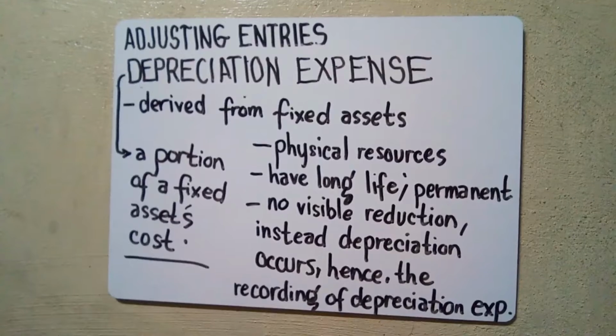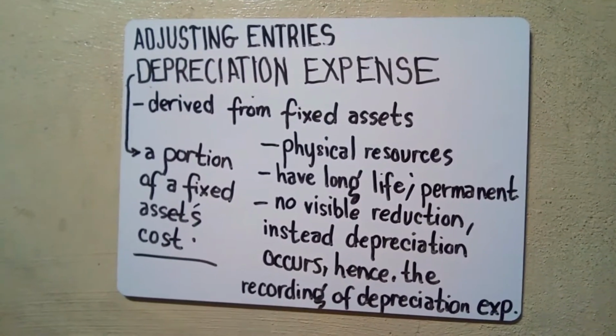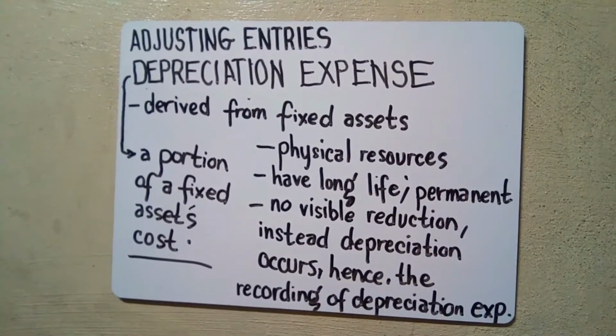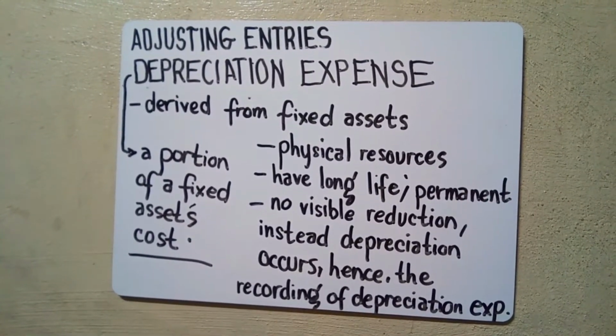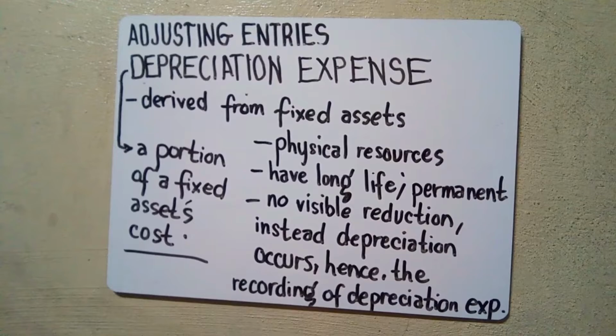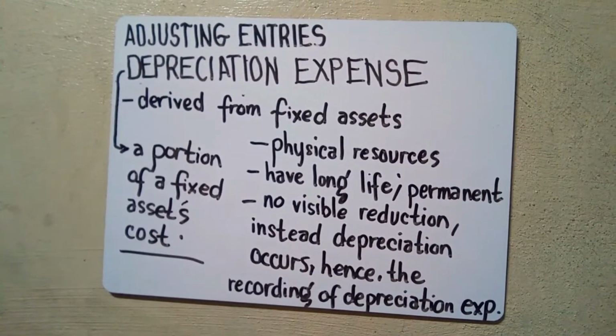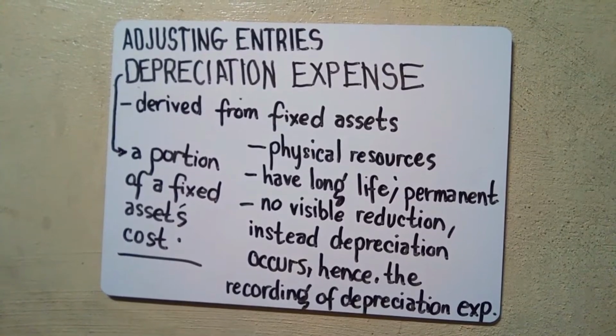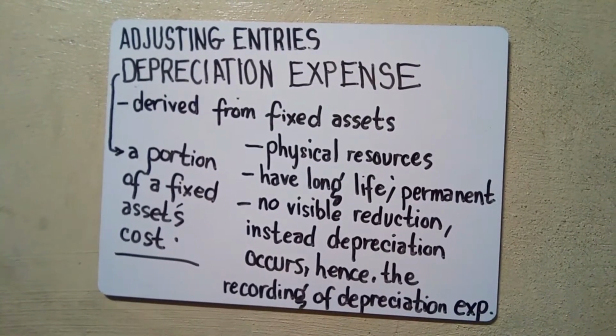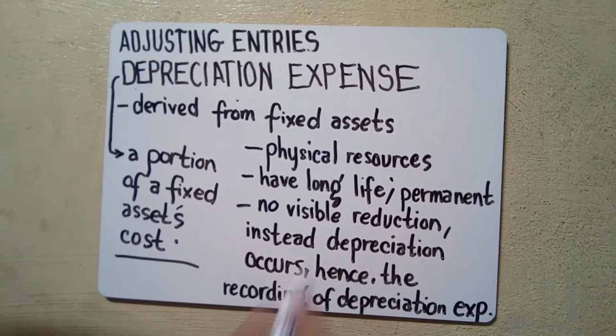The fifth type of account which requires adjusting entries is depreciation expense. Depreciation expense is derived from fixed assets. What are fixed assets? Fixed assets or plant assets are physical resources that are owned and used by a business and are permanent or have long life.